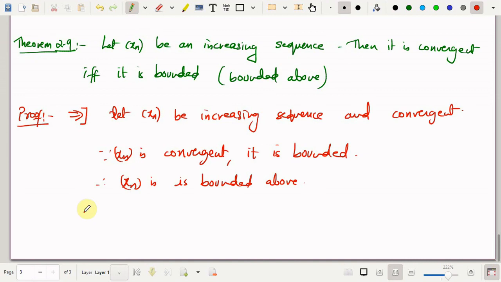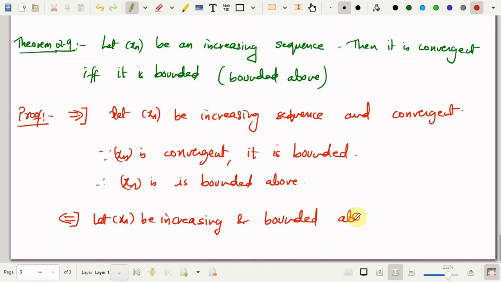Now conversely, I assume that the given sequence is increasing and bounded above. So let xn be increasing and bounded above. So the idea is clear. We are going to just consider the image set of this sequence, and I am going to show that it has a least upper bound by using the order completeness of R, or the LUB property.